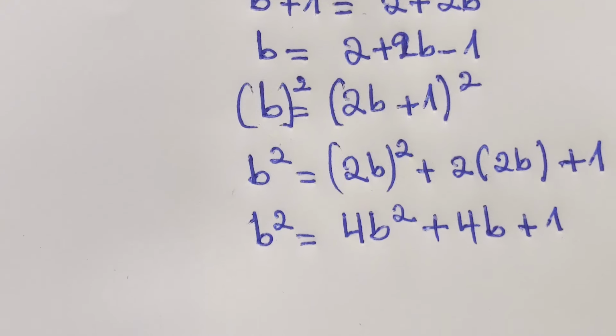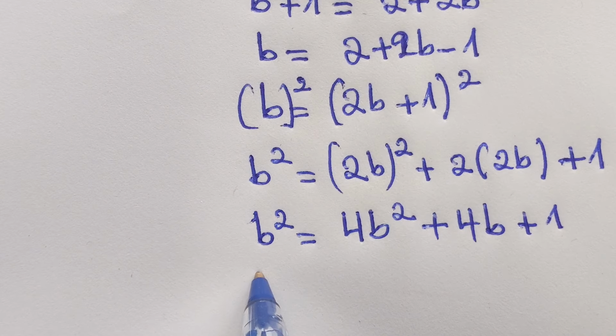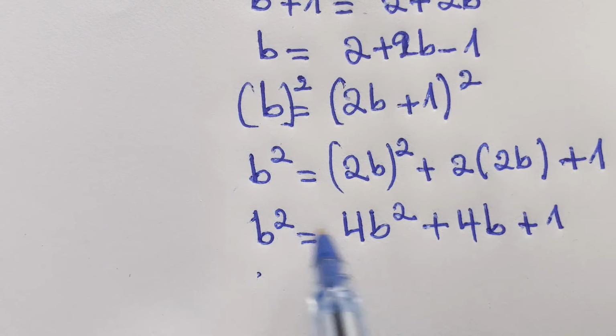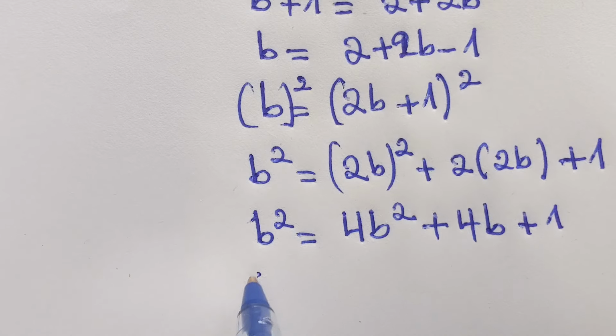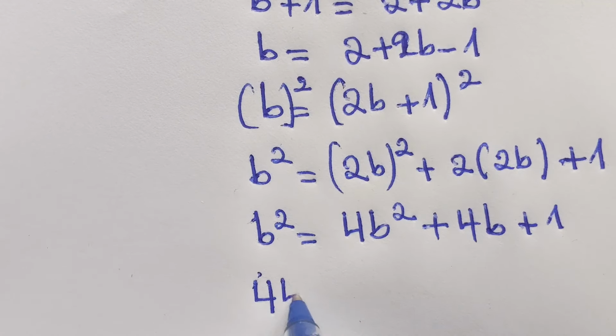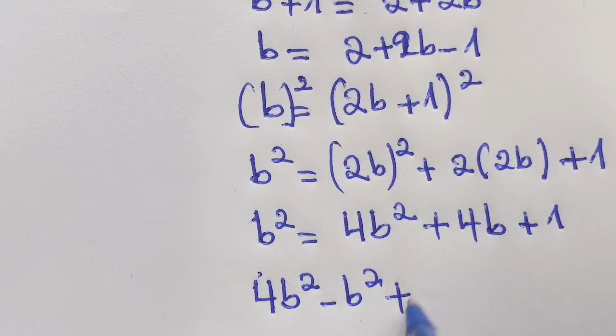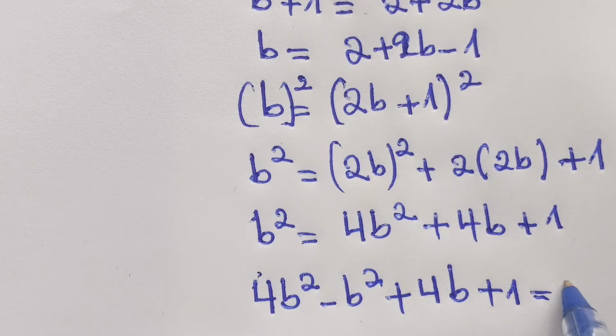Okay, then by grouping like terms, we shall have 4b squared minus b squared plus 4b plus 1 equal to 0.